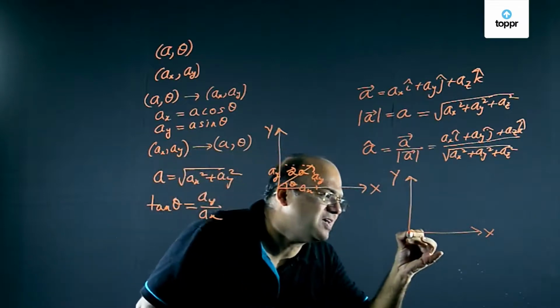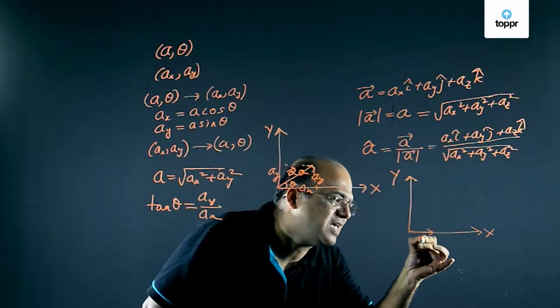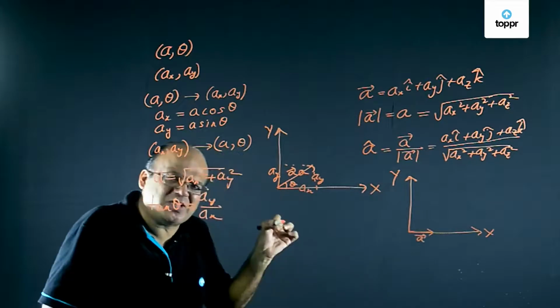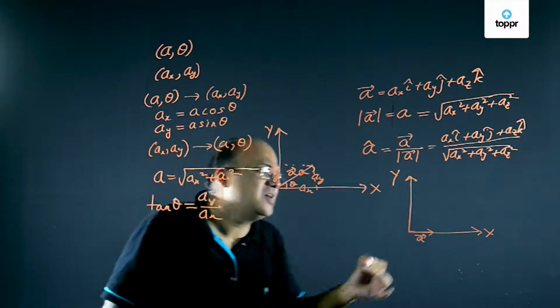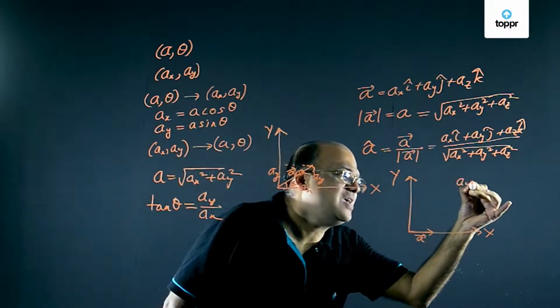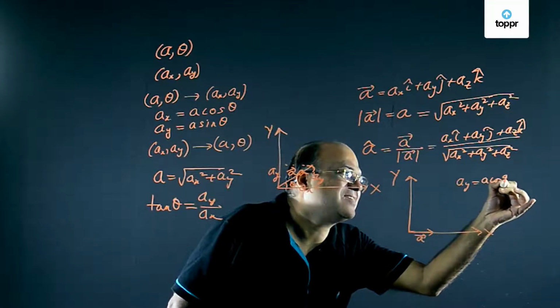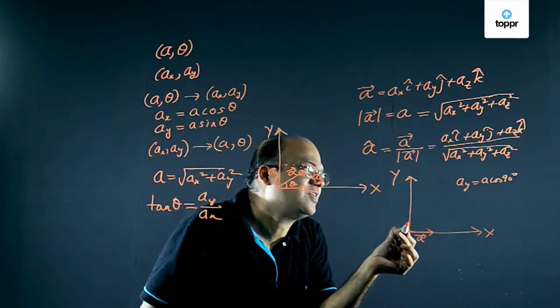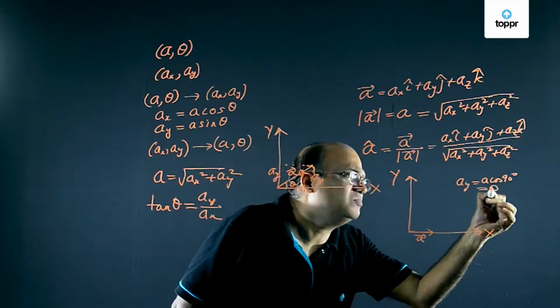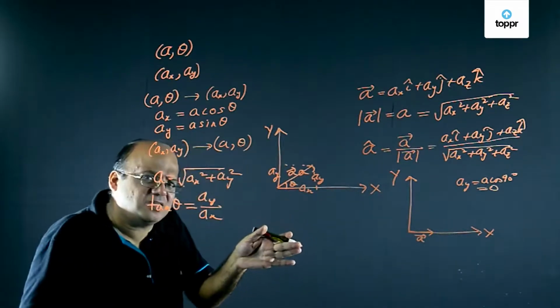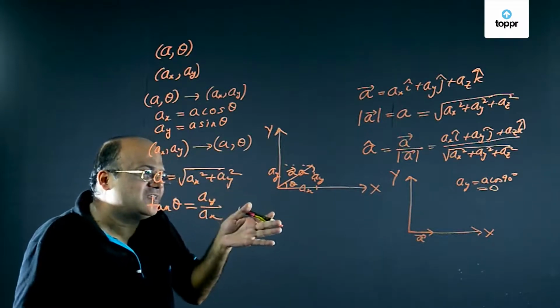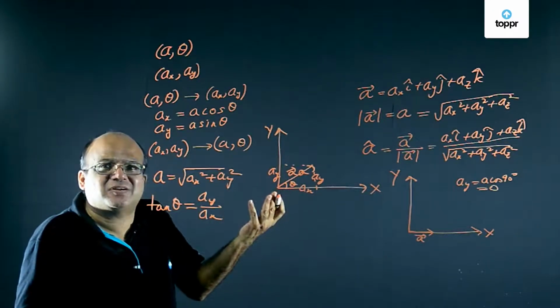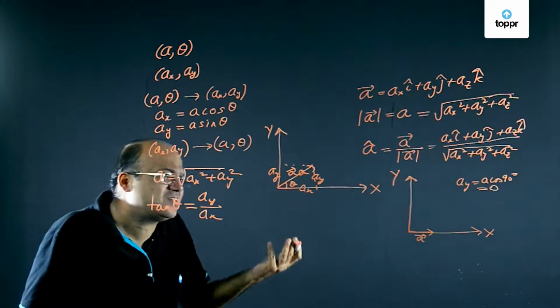If a vector A is along the x-axis, what is the y component of this vector? The y component will be A cos 90 degrees. Right? Magnitude into cos of the angle between the vector and the direction. And that is 0. So this A vector, which is along x-axis, has 0 component along y-axis.